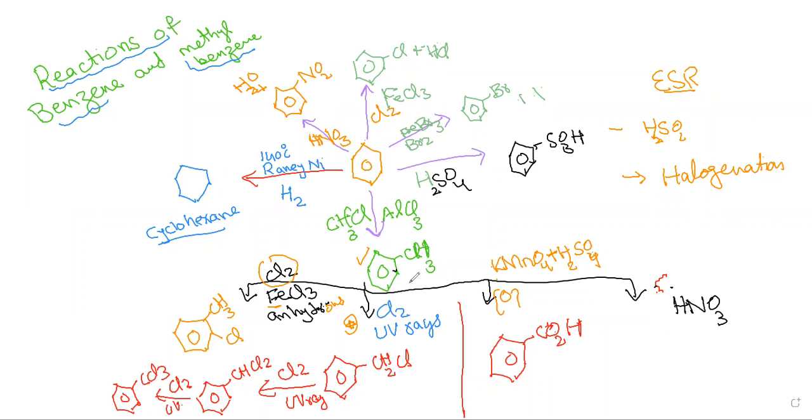When methyl benzene reacts with HNO3, that's called the nitration of methyl benzene, and we would have a substitution, and NO2 will be attached on the second carbon, not on the third carbon. It can be attached on the second or fourth because the methyl group is a 2,4 directing group.